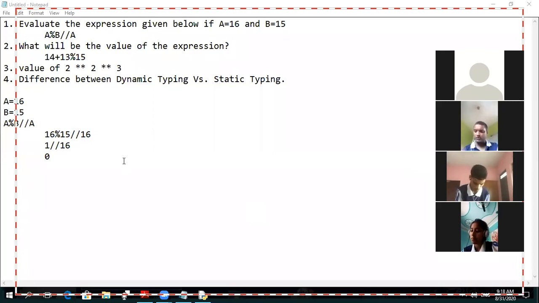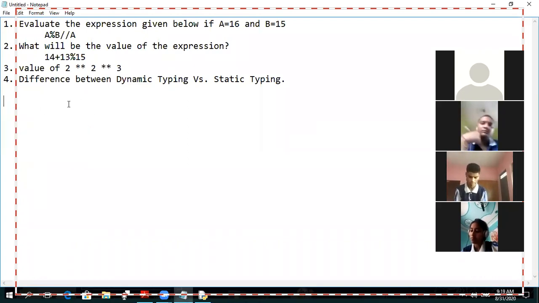Okay, look here. The second question says evaluate this expression: 14 plus 13 modulus 15.